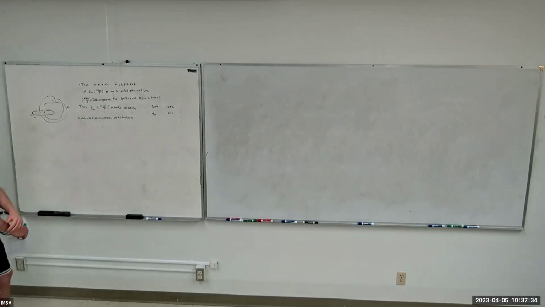So I would like to introduce my work I've been doing recently. This is a classification result for tight contact structures on hyperbolic 3-manifolds, which are notoriously interesting since they are not well understood in general.